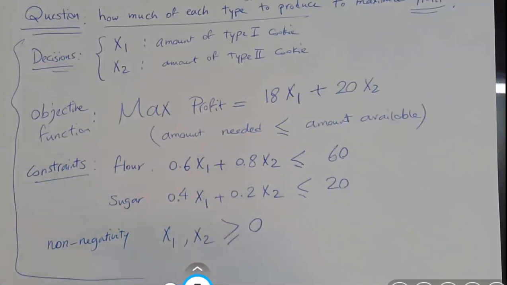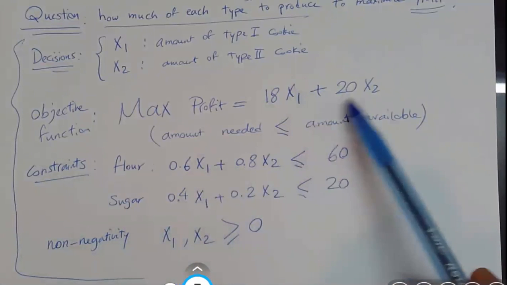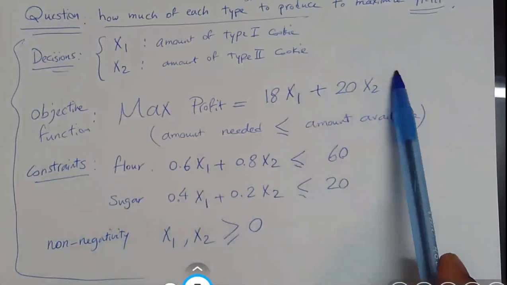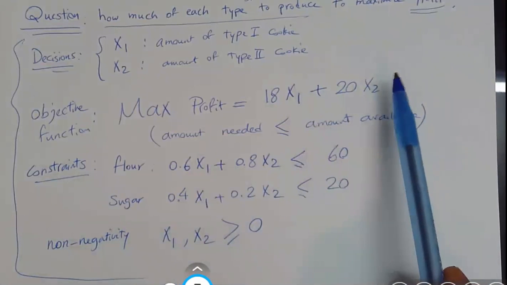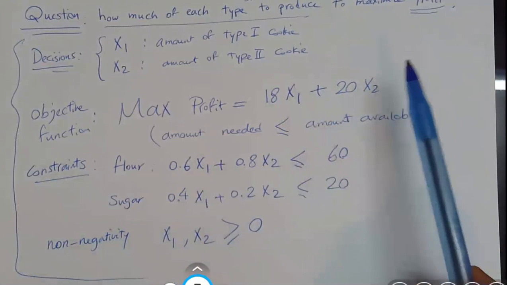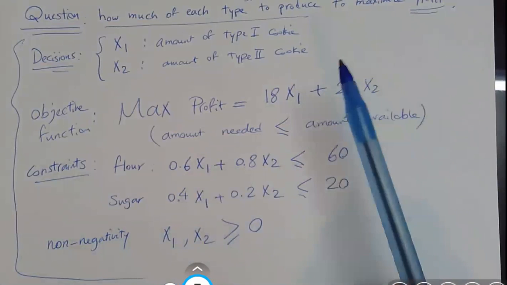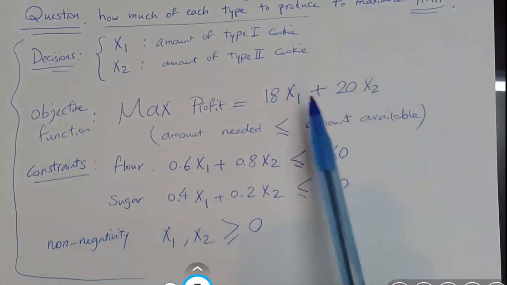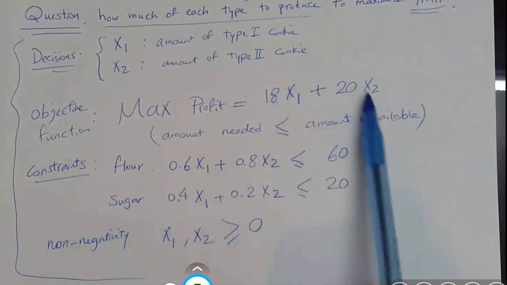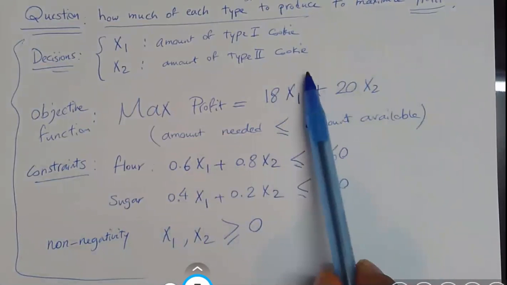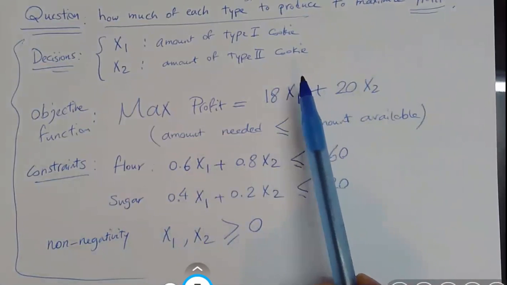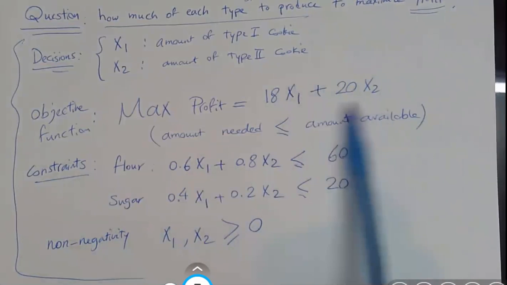And just note here that the objective function is linear, so the power is 1, right? So the maximum power of decision variables that I see in this function is 1. And that's why I call this one a linear function.